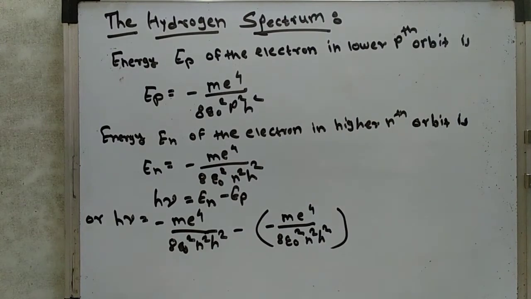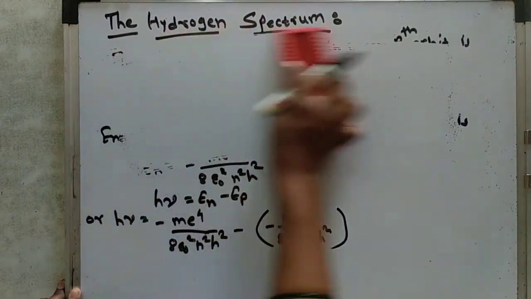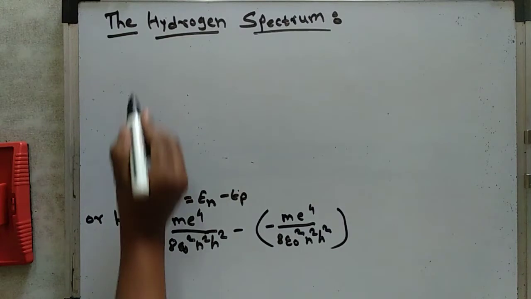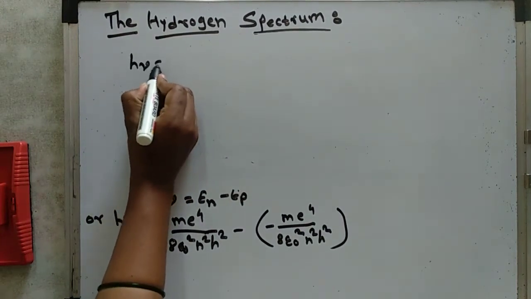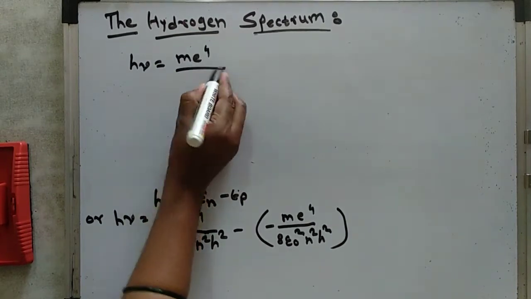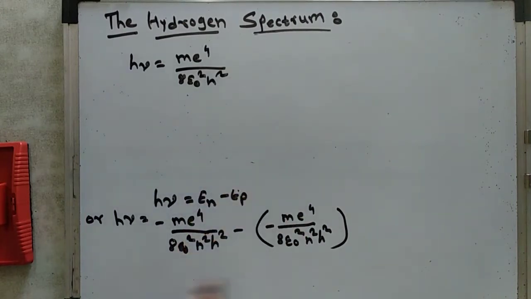Okay, put the value of En and the value of Ep, En minus Ep. Solve this. h nu equals me raised to 4 upon 8 epsilon naught square h square common.